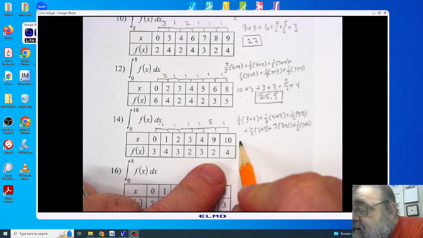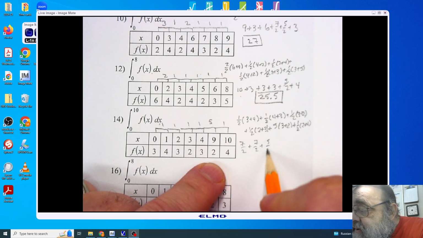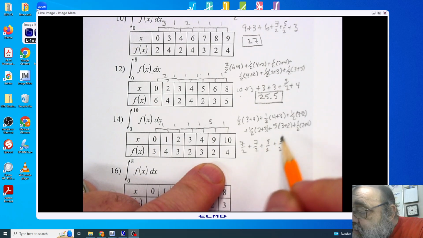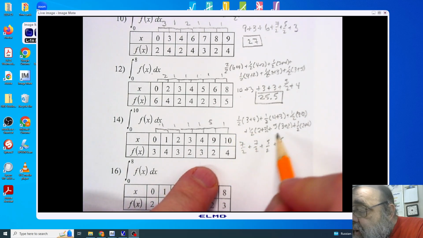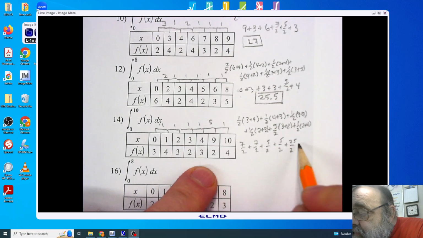This is going to give me 7/2 plus 7/2 plus 5 halves plus 5 halves plus, hang on, let's make sure I've got that. That's 5 over 2. So 5 halves times 5 is 25 halves. And then we have 6 halves.